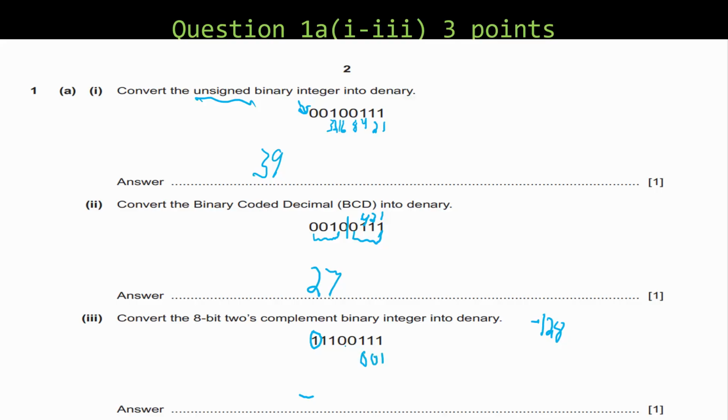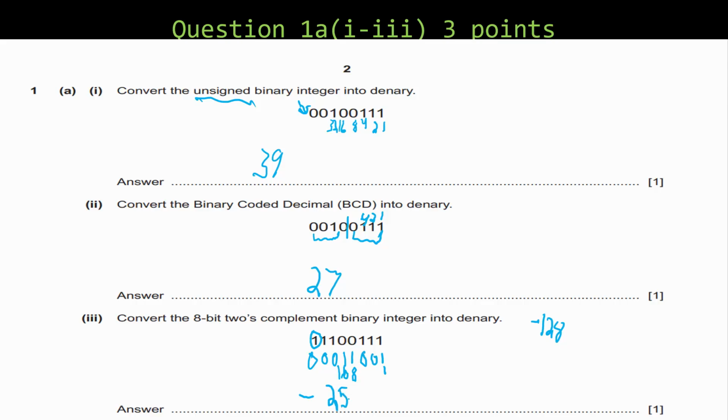So all I'm going to do is perform 2's complement on it, and now I have a number much easier to work with. I know this is the value of 1. There is no 2. There is no 4. There is an 8. There is a 16. 16 plus 8 is 24. 24 plus 1 is 25. And I know this comes out to negative 25.